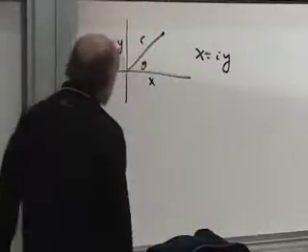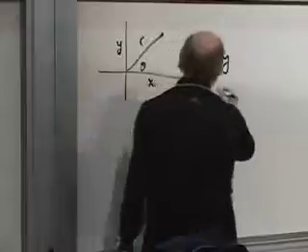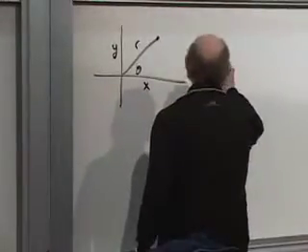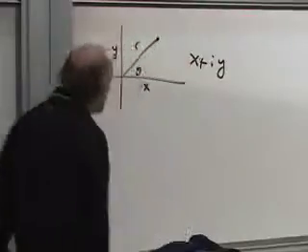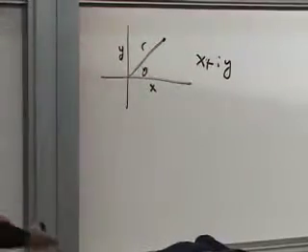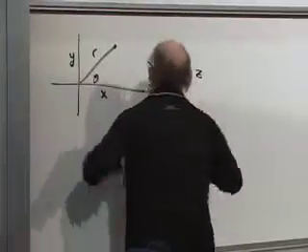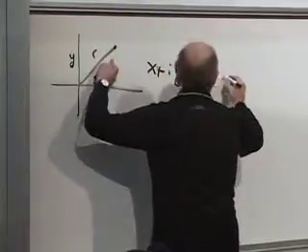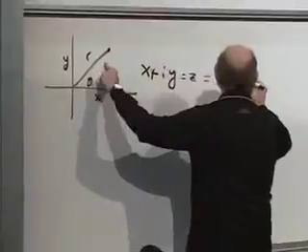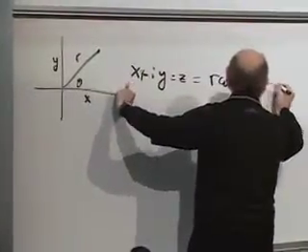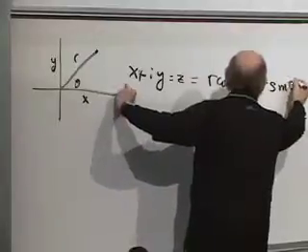X plus iy, that's the complex number z. It can also be written in the form r cosine theta, that's x, plus i r sine theta, that's y.